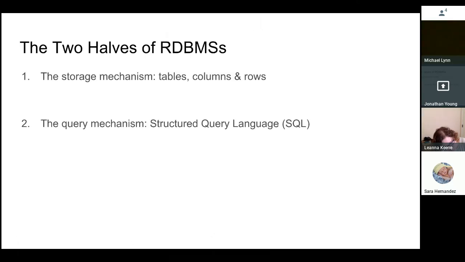SQL, if you've done the reading, stands for Structured Query Language. And what does RDBMS stand for? Relational Database Management. Yep. So SQL is a type of relational database management system, and there are two halves to this particular system.